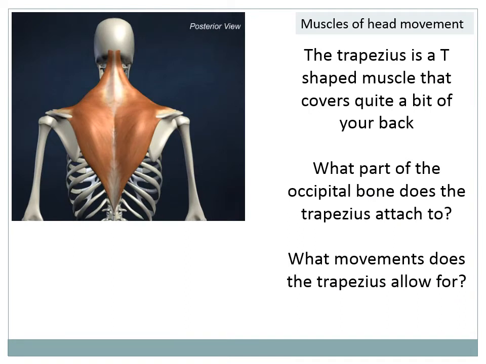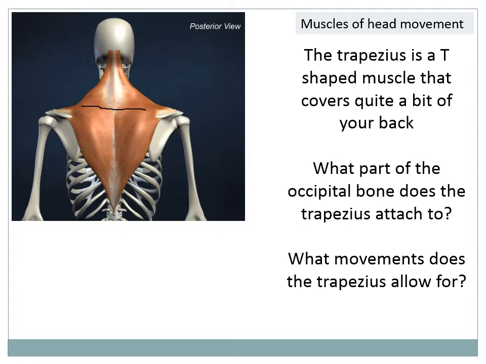All right, we are on another muscle of head movement. This time we are on the posterior side of our body. So we're talking about the trapezius. The trapezius is a T-shaped muscle. It covers quite a bit of your back. You can see it on this model here. This is a definite T shape. So that trapezius has that shape to it.